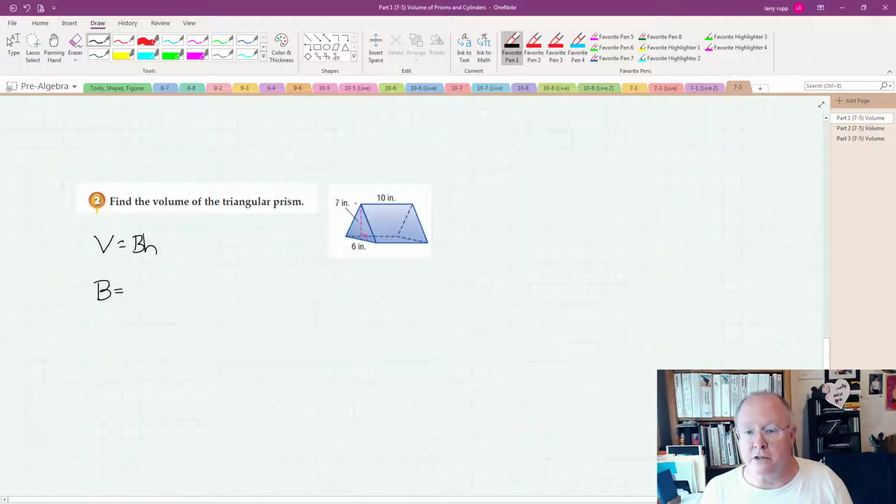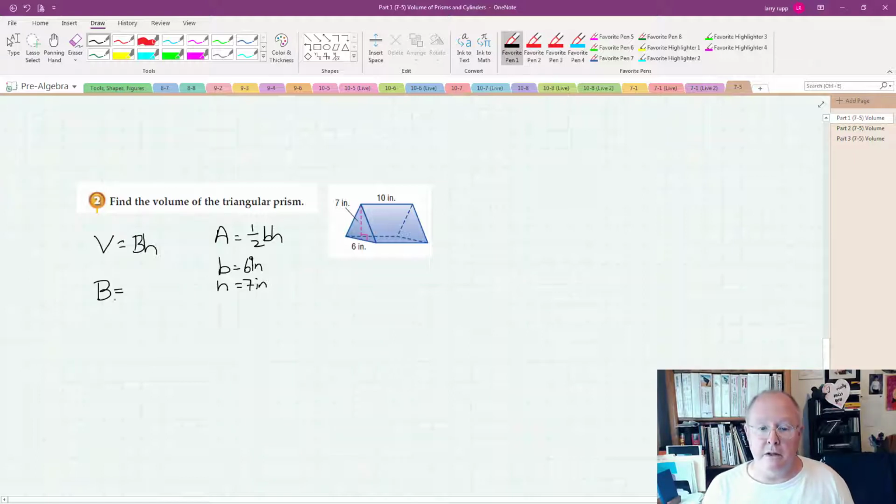Well, we know that it's a triangle, right? We know that the area of a triangle is 1/2 little b times h. Well, what would little b be? Little b is the base, 6 inches. And h would be the vertical height of the triangle. In other words, that's 7 inches that they're talking about.